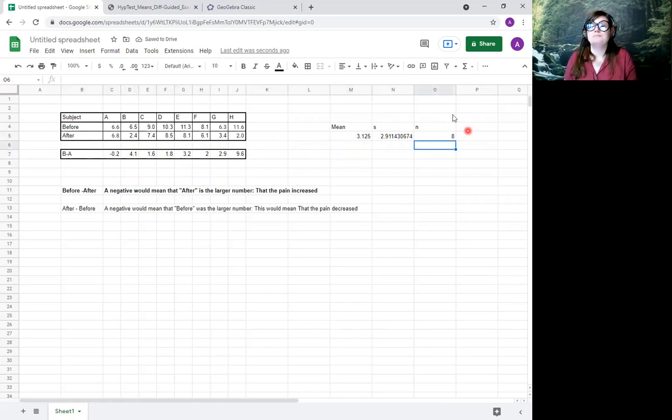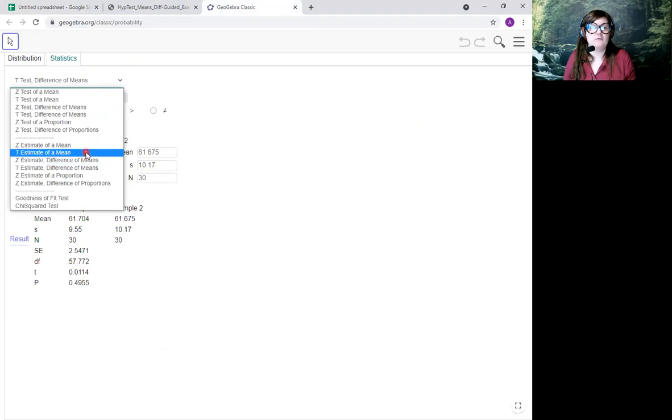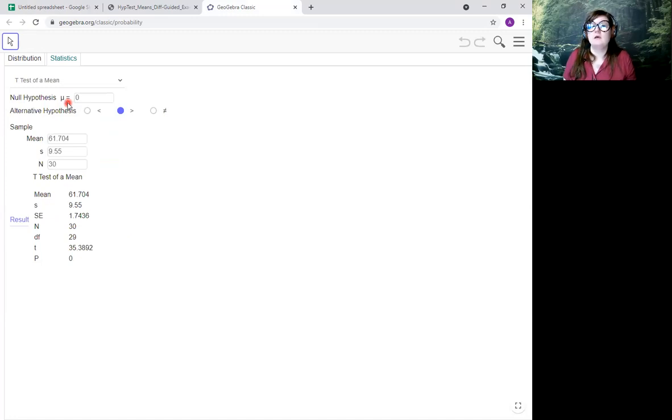So here we go. Now remember, paired mean data is weird because you're going to look on your TI and say, I don't see the paired mean. Where's the test for a difference of paired means? It's because you're actually going to run a t-test.